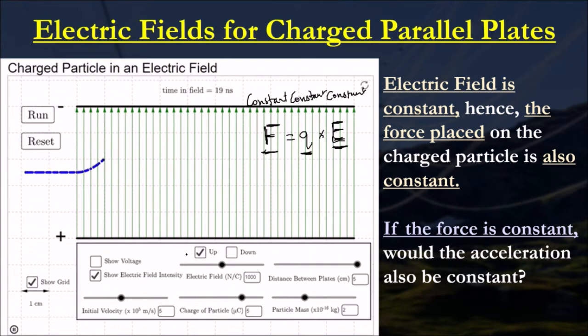What else could that mean about the acceleration? So clearly you can see that we have a directional change. The original motion of our charged particle was to go straight across. But we can see that there is a directional change where it's going in this direction, right?